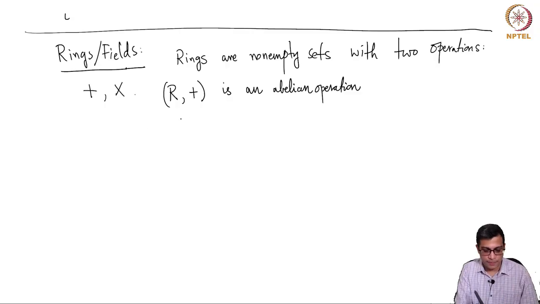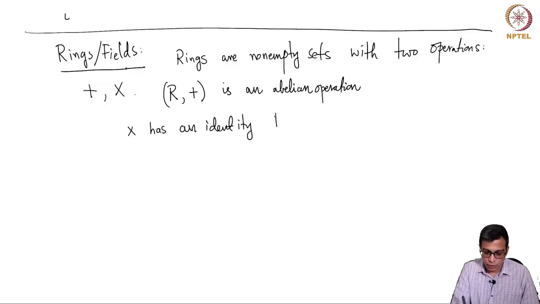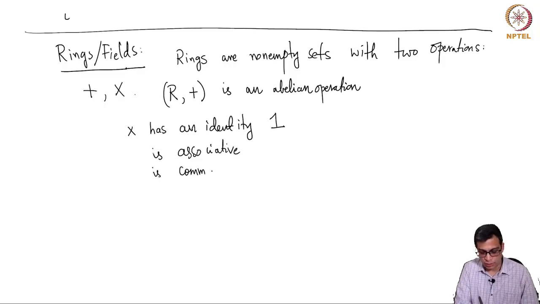The multiplication has some properties: it has a multiplicative identity denoted by 1. 0 is always the additive identity. It is associative and it is commutative. So these are the assumptions we will make.